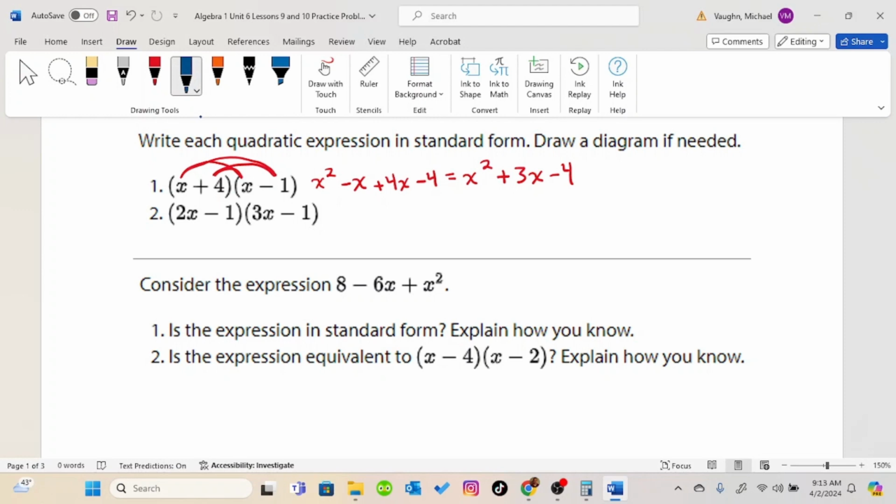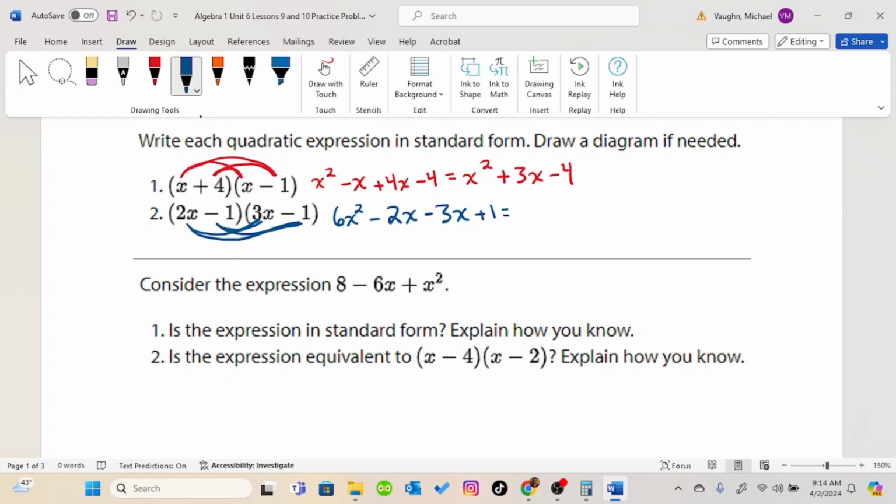Number 2. 2x times 3x is 6x squared. 2x times negative 1 is negative 2x. Negative 1 times 3x is minus 3x, and negative 1 times negative 1 is positive 1.